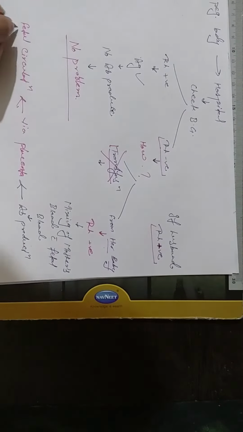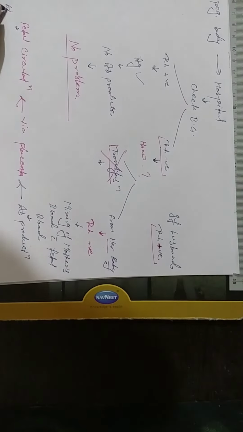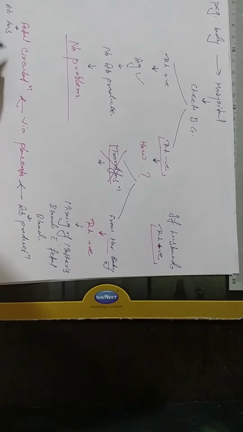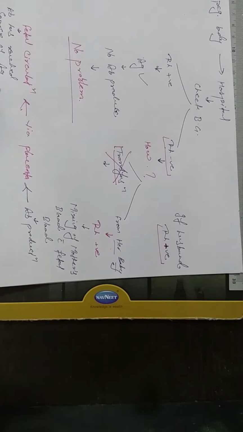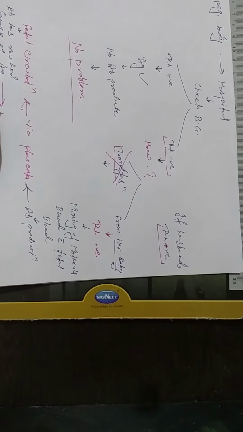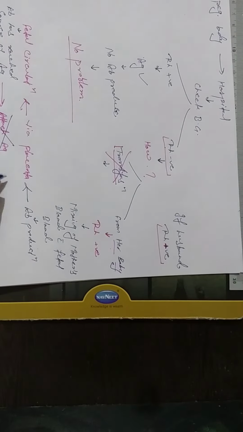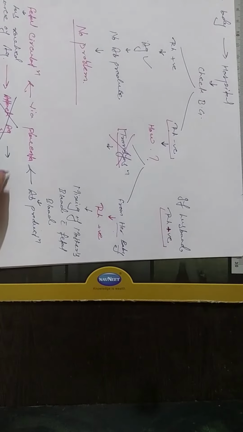Fetal circulation, that means the antibody has reached the source of antigen. And what will this antibody do now? It will attack the antigen and destroy it. So what we saw, baby's RBCs have been destroyed.